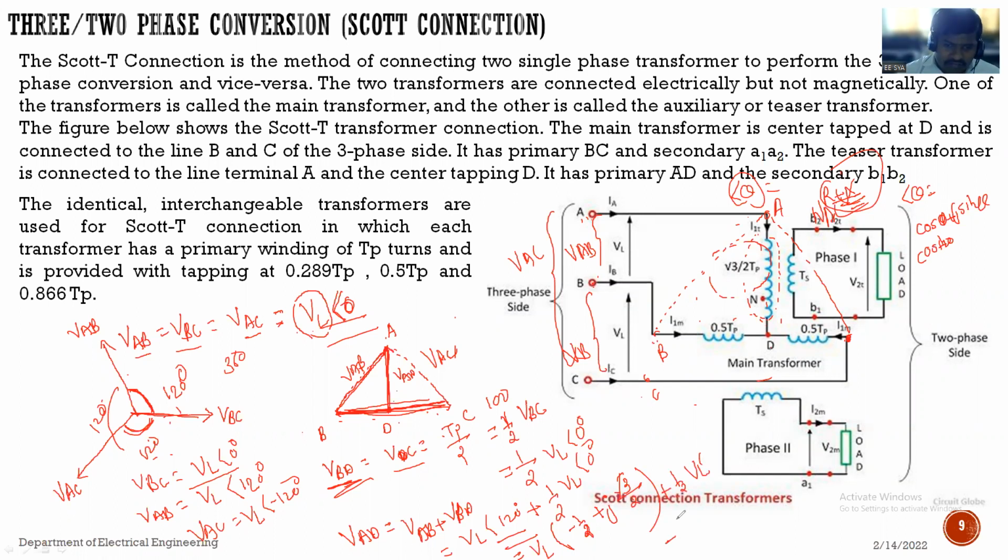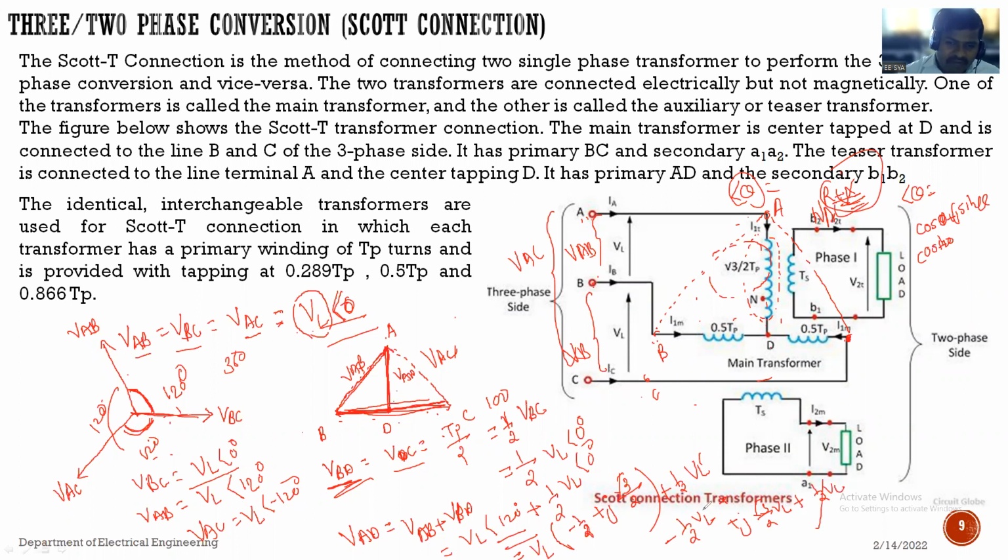So see, minus 1/2 VL, multiplying by VL, plus j √3/2 VL plus 1/2 VL.